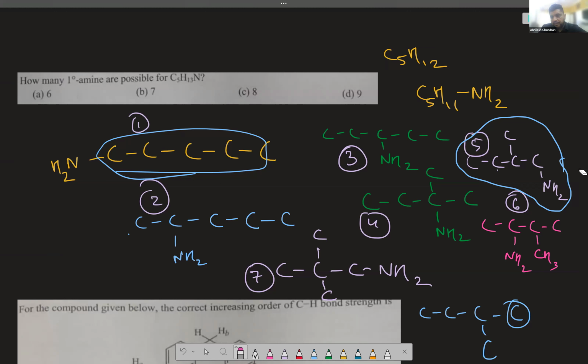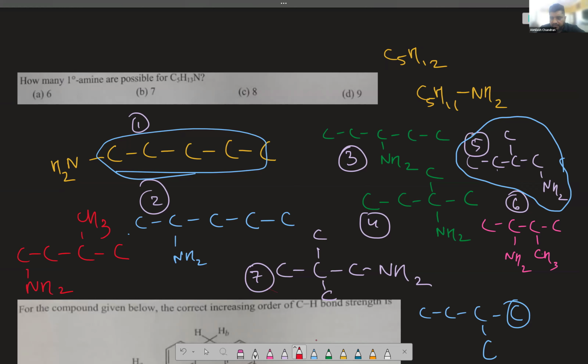Right, so I have an amine with butane on the terminal one. Oh, I can send NH2 to the terminal carbon as well on the other end, right? So if I do this, CCCC, and put a CH3 here and an NH2 here, this is different, right? Of course, yes, this is different from all others that I've seen.